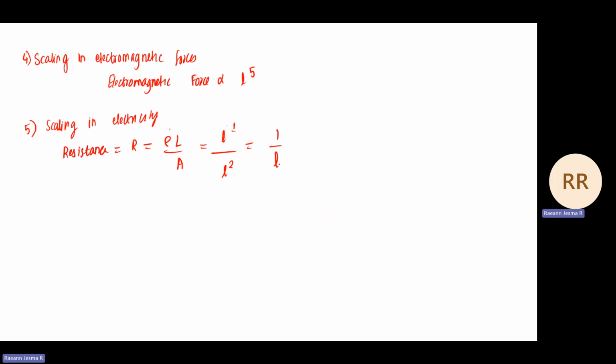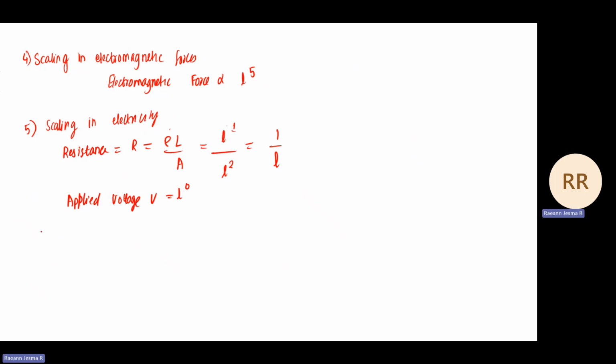So 1 by L. As the size decreases, the resistance increases. Like if size decreases by 10 times, resistance increases by 10 times. Then we have applied voltage V, that does not have any dependence on the length scale.